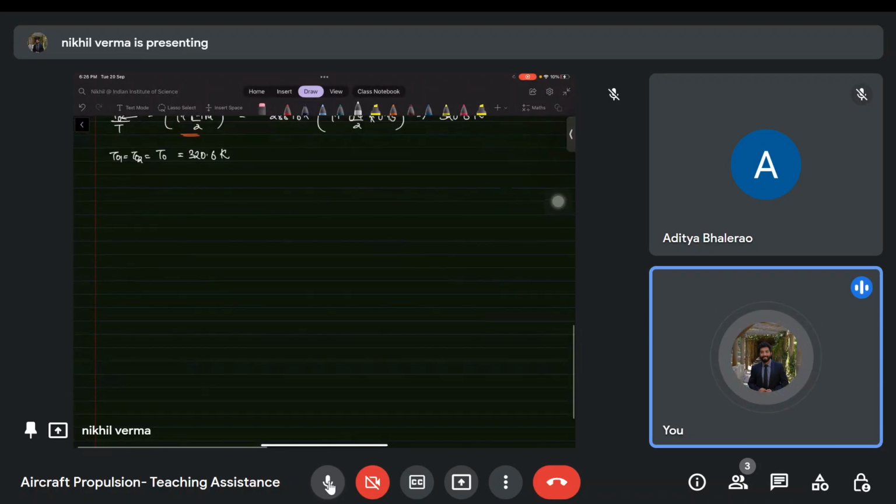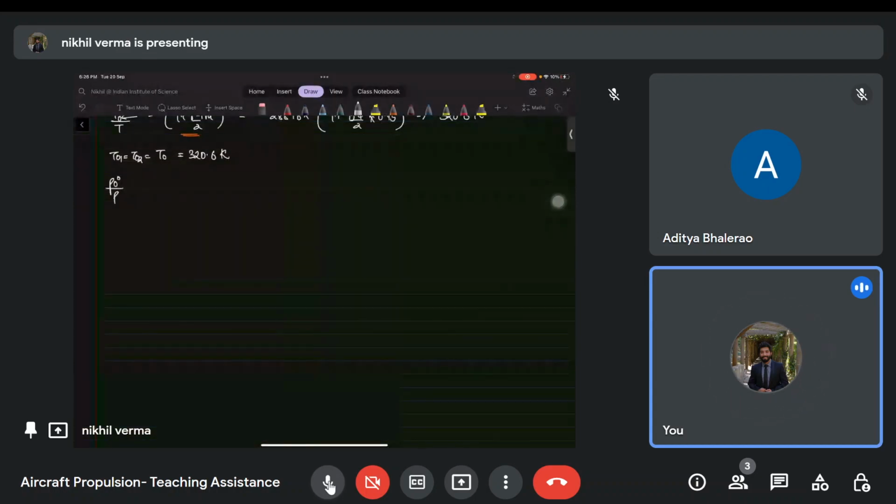Now let us calculate the total pressure. P naught by PA is 1 plus gamma minus 1 by 2 M square, raised to gamma by gamma minus 1.